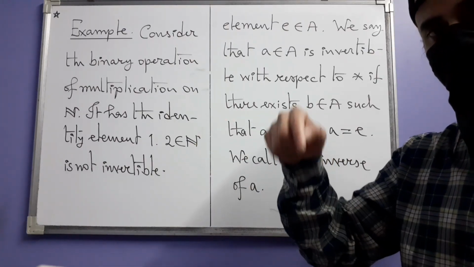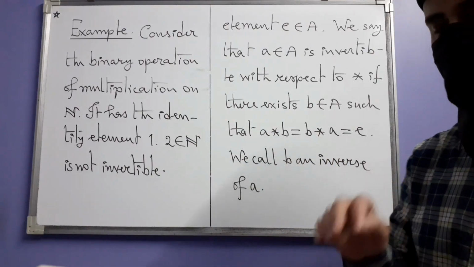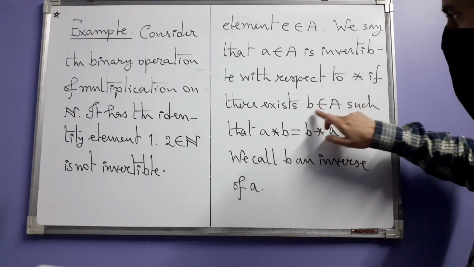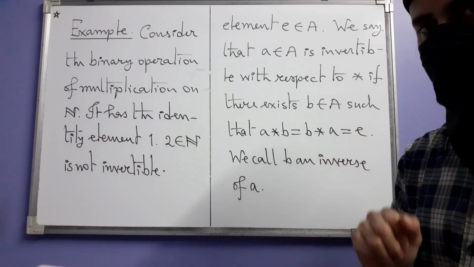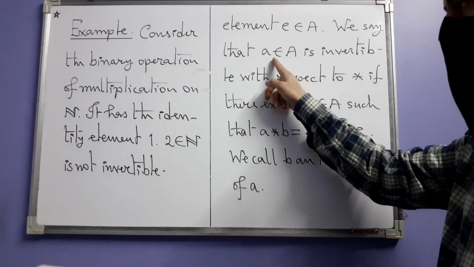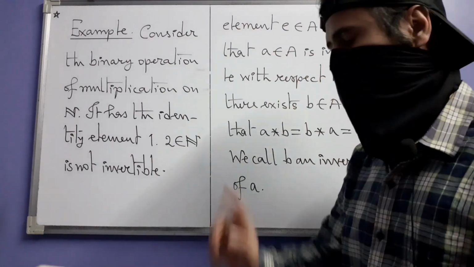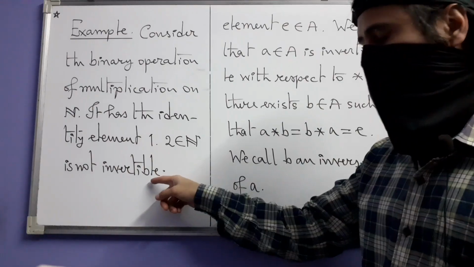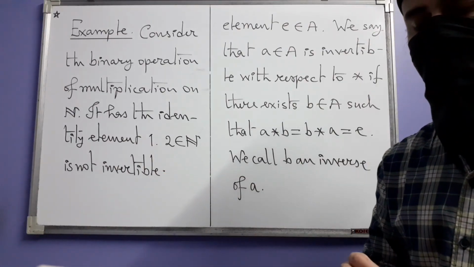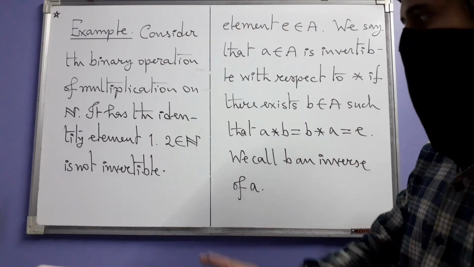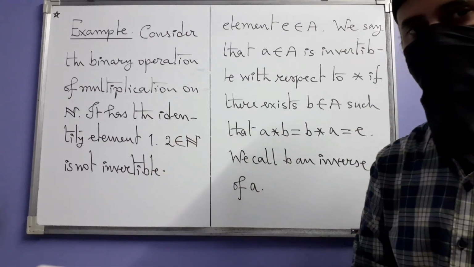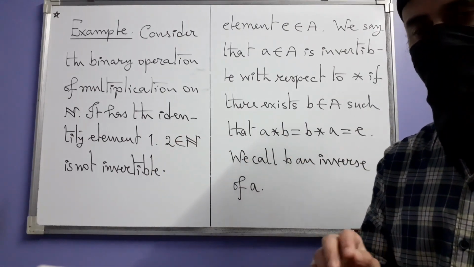The inverse should be inside N. Inside N means inside the set. You see, b should be in A. Then only we say that the inverse exists and the element a is invertible. 2 is not invertible, and this immediately makes it clear that actually no natural number is invertible other than 1 itself. 1 is invertible.